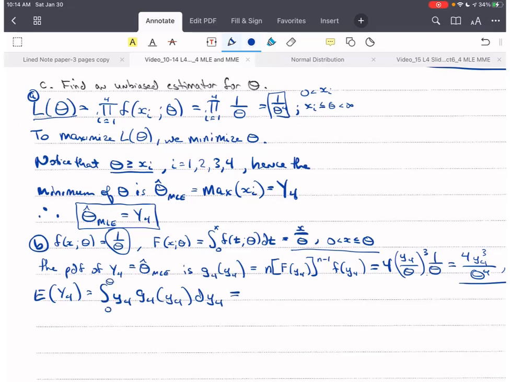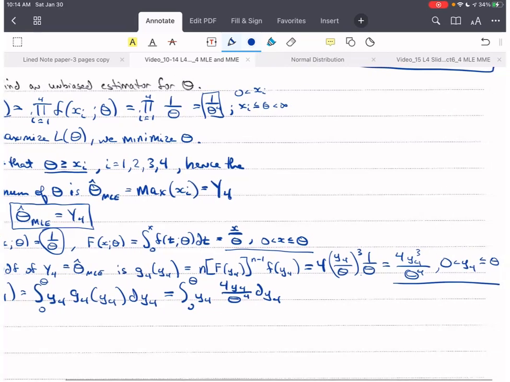And so this is the integral from 0 to theta of y4 times 4 y4 cubed over theta to the 4th dy4. Oh, I missed the cube here. So it's going to be 4 y4 to the 4th over theta to the 4th dy4. Okay? And when we take the integral of this with respect to y4, we raise the exponent by 1 and divide by that same number.